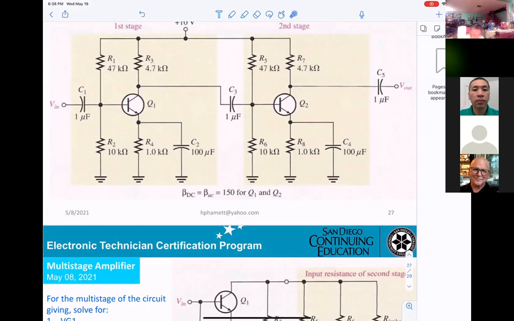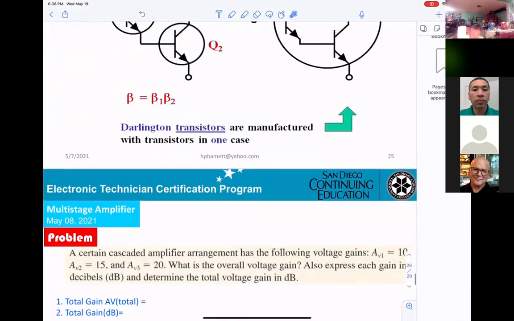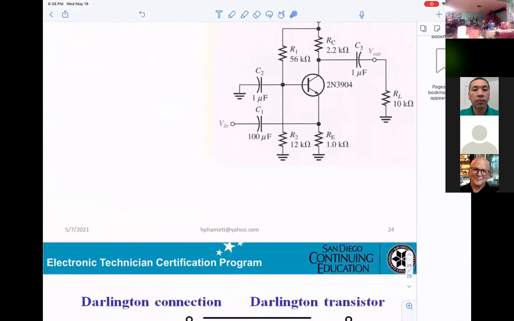R in B will go from here to the ground right here. And you know how to calculate R in B from here to the ground. We already have the formula. I'm telling you, beta times RE prime.